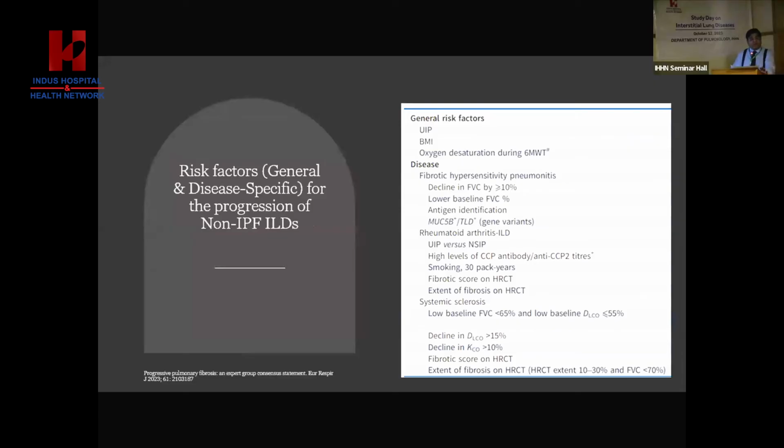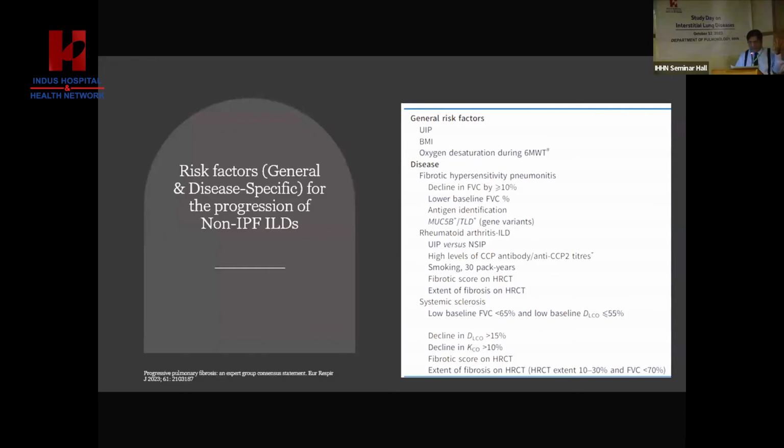Another very important point is to look for the risk factors. They are divided into general risk factors, like UIP itself, which is a risk factor for progressive pulmonary fibrosis. Another is BMI. And the last is oxygen desaturation during the 6-minute walk test. But there are disease-specific parameters as well, which can suggest progression.